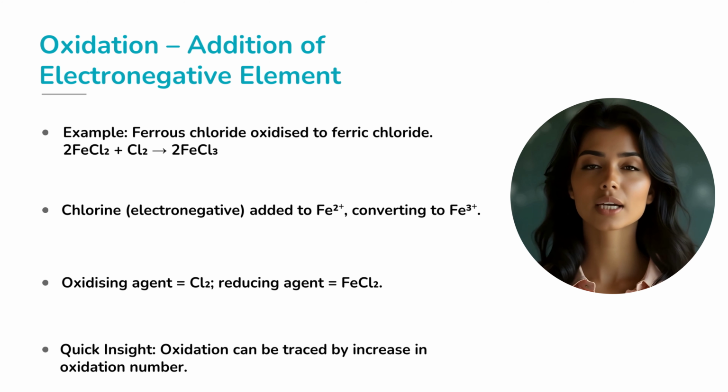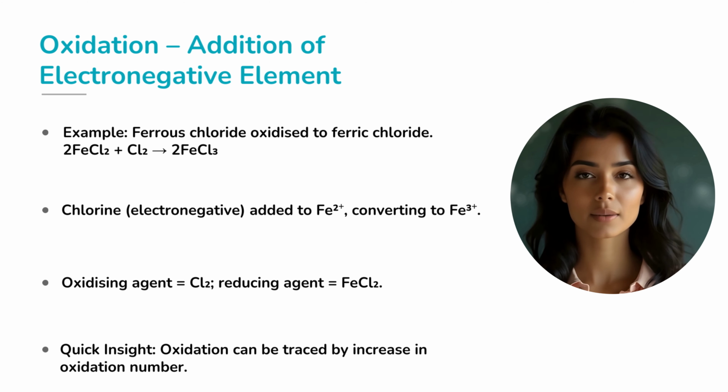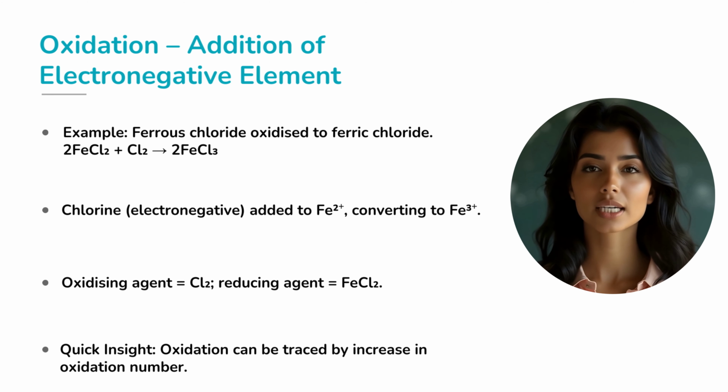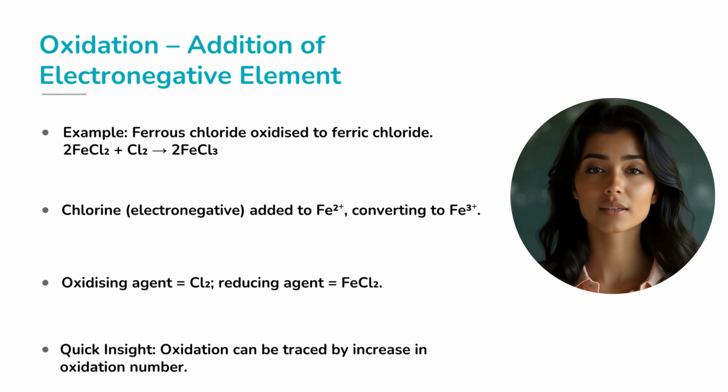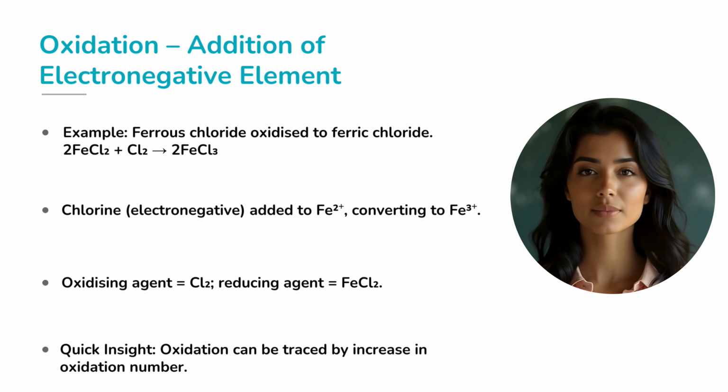Ever wondered how an element can be oxidized without oxygen? Well, meet chlorine. When ferrous chloride reacts with chlorine gas, it forms ferric chloride. You could say ferrous chloride plus chlorine gives ferric chloride. The reaction goes 2FeCl2 plus Cl2 gives 2FeCl3.